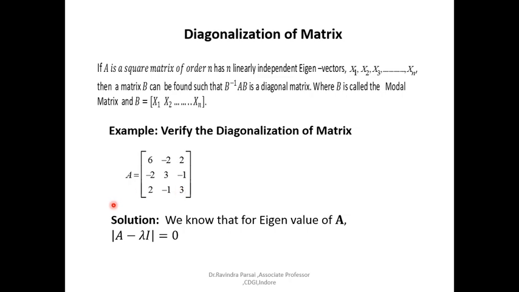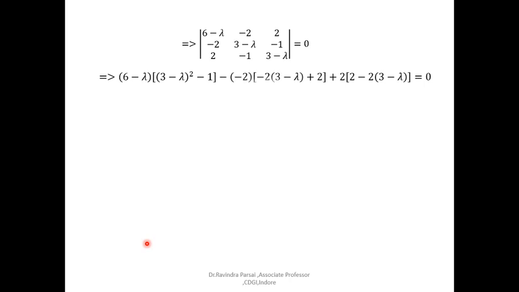For this you have to write the characteristic equation, determinant of A minus lambda I equal to 0, that is 6 minus lambda, -2, 2; -2, 3 minus lambda, -1; 2, -1, 3 minus lambda equal to 0.